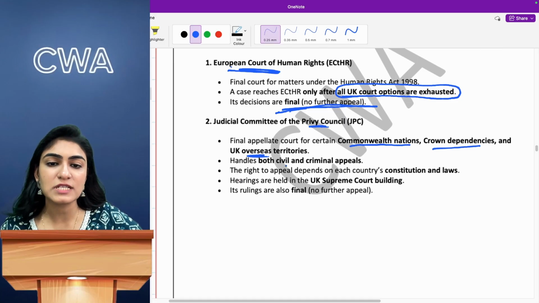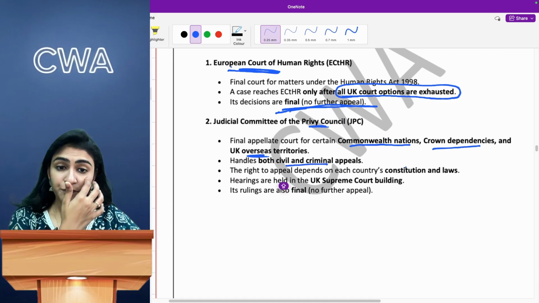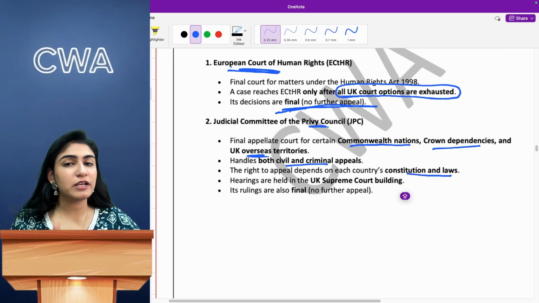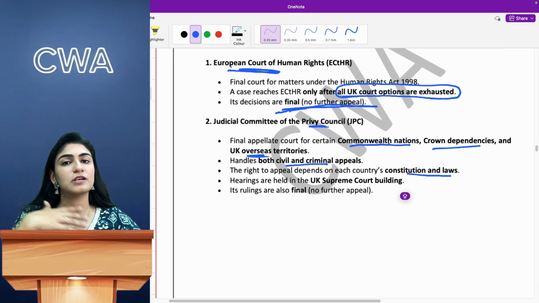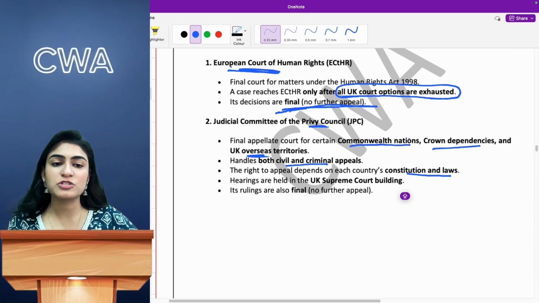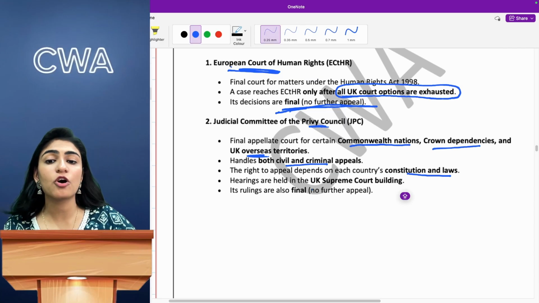They handle both civil and criminal appeals. The right of appeal depends on each country's constitution and laws, because here we are talking about international law, so it depends on each country's constitution and law.